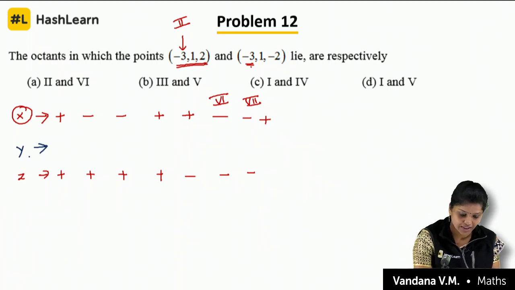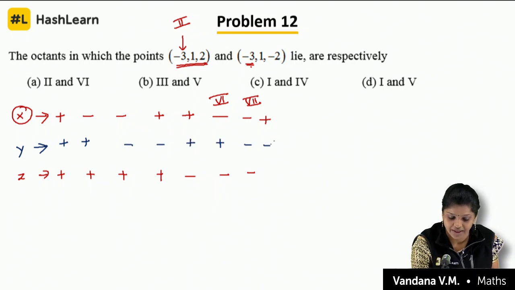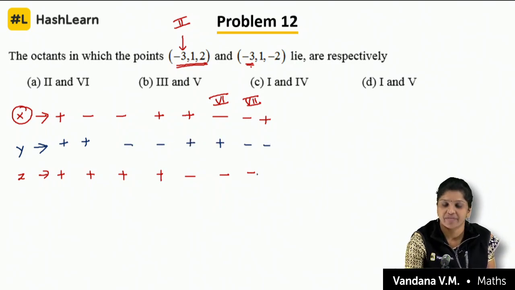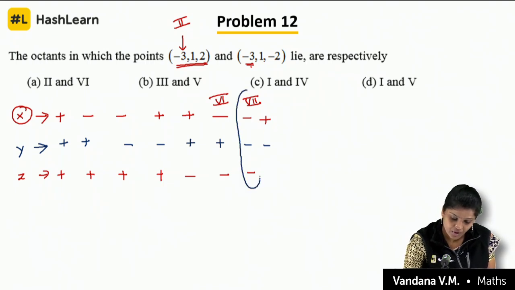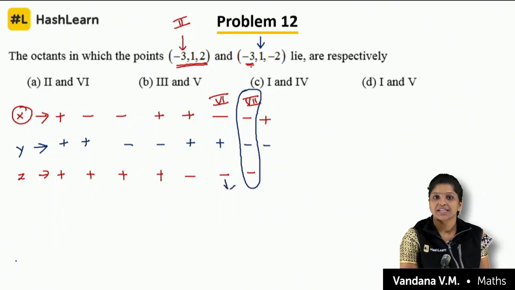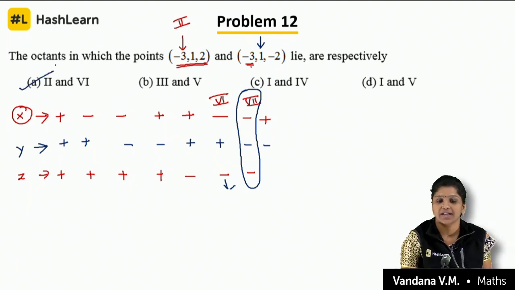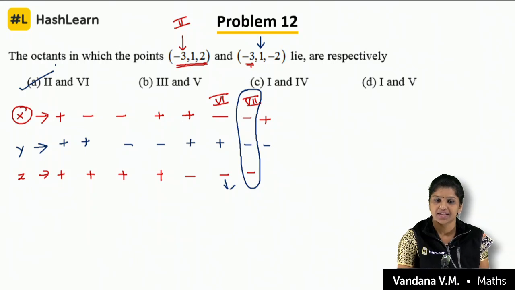Plus, plus, minus, minus, plus, plus, minus, minus. If it is in the 7th, then all should be minus. Here y is plus, because of that it lies in the 6th octant. So, which is the correct answer? 2nd and 6th octant. The point is lying in the 2nd and 6th octant.